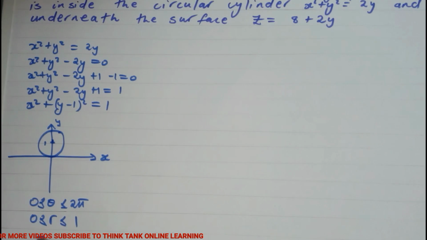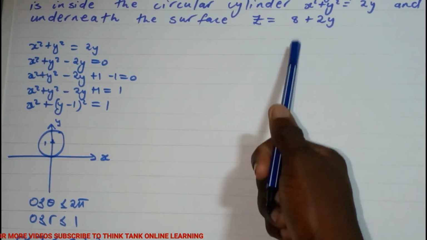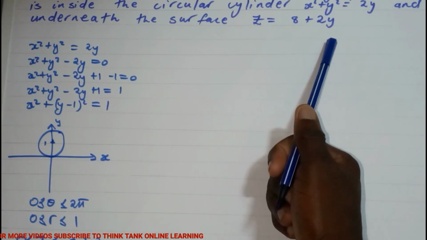So z ranges from 0 to the surface 8 plus 2y. If you want to use double integrals, z equals 8 plus 2y is going to be our integrand.